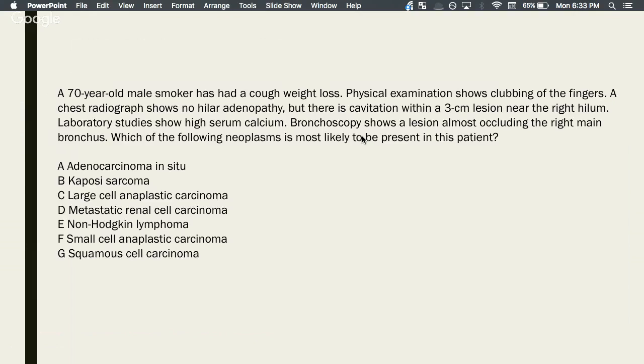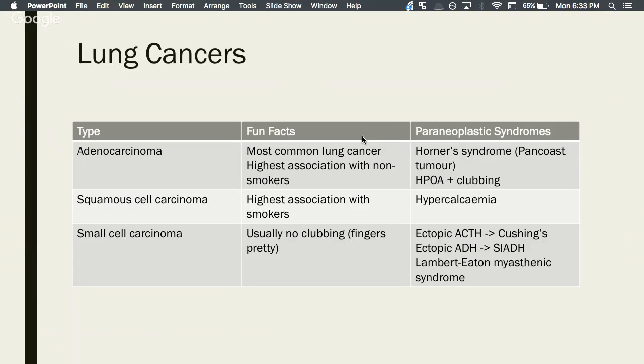Yeah, perfect. Cool. So in terms of lung cancers, you have your adenocarcinomas, which are your most common lung cancers, but they also have the highest association with non-smokers. It kind of makes sense if they're the most common. So if a non-smoker presents with symptoms of lung cancer, you would always go with adenocarcinoma.